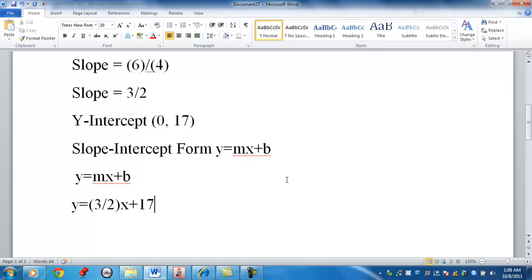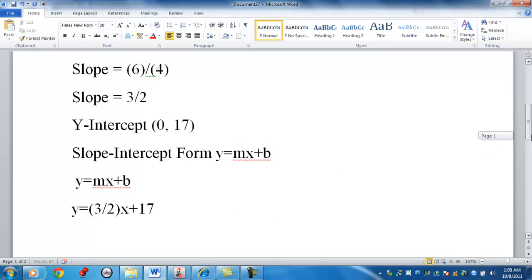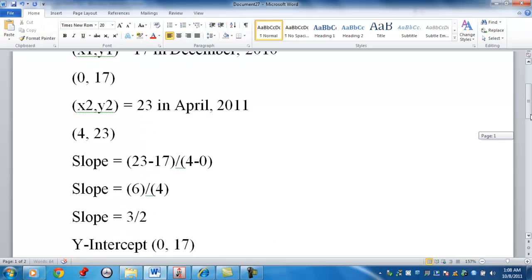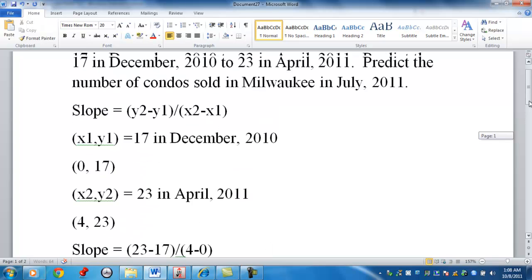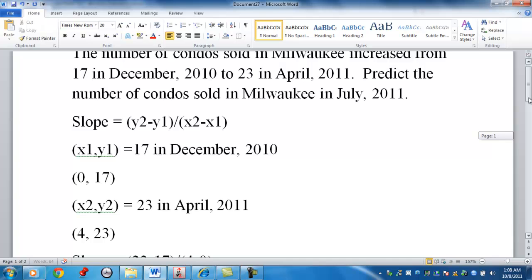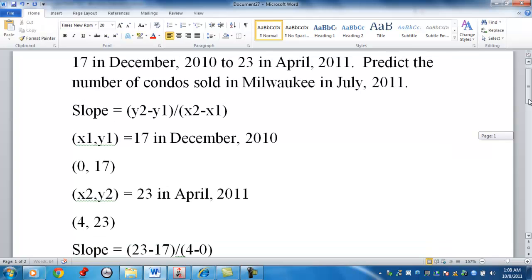Now I've got to go back to the problem here. We're saying that in April, we're using the number t, the line that's 4 months from our initial starting point in December of 2010. So if April is month 4, May is month 5, June is month 6, so July would be month 7.